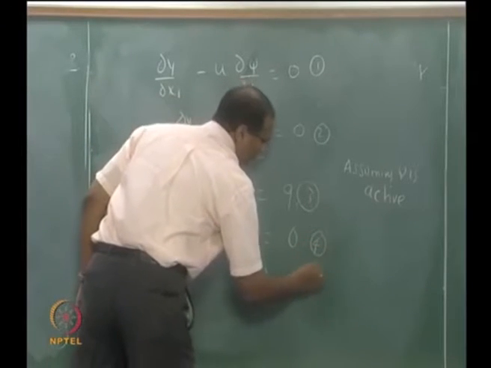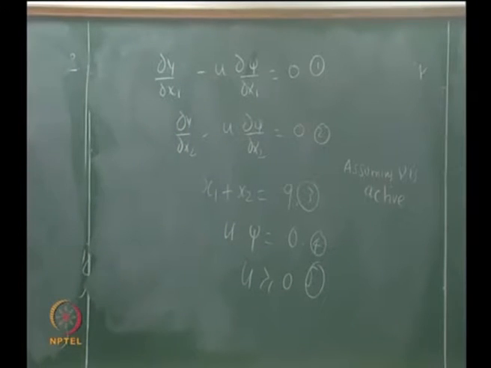These are the 5 equations. So this gives you the KTCs. Now solve.